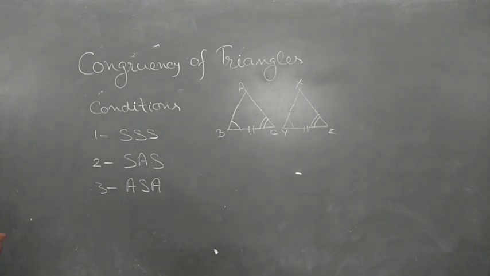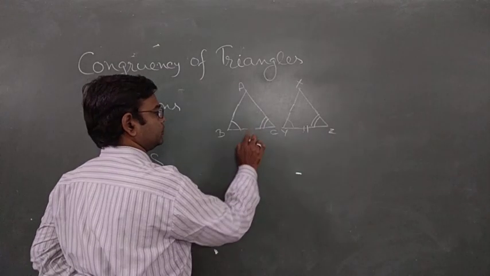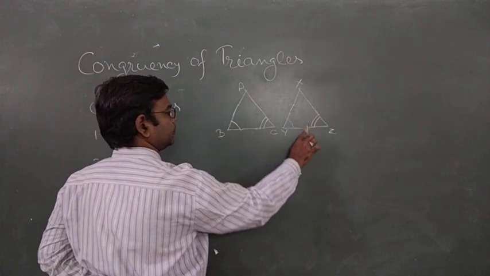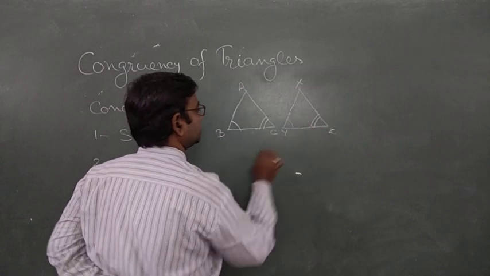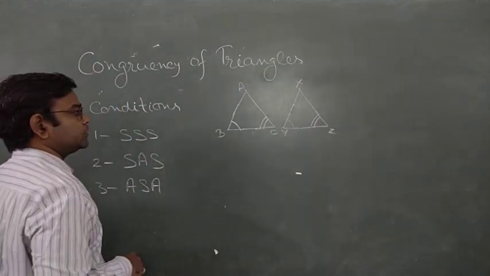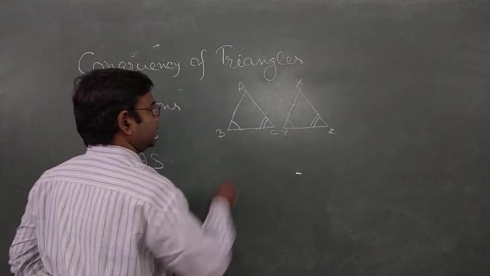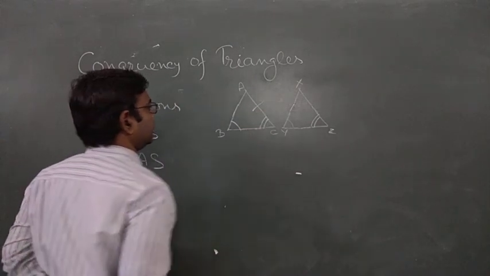Then the second condition says that if some condition arises where the equal side is not in between the equal angles, it must be any other side.